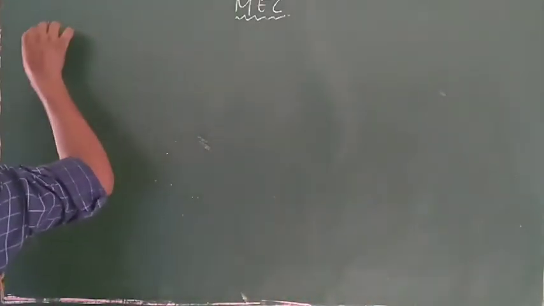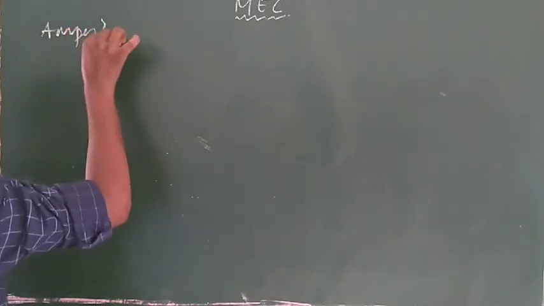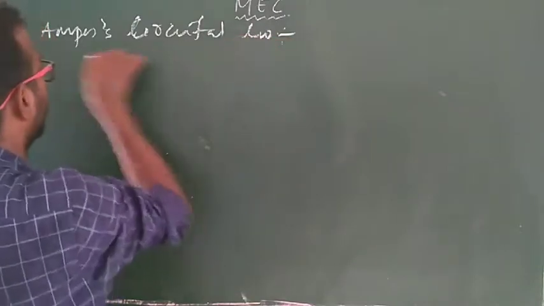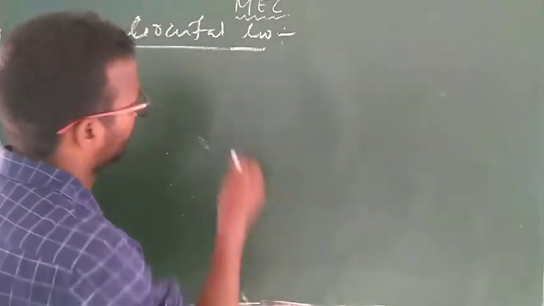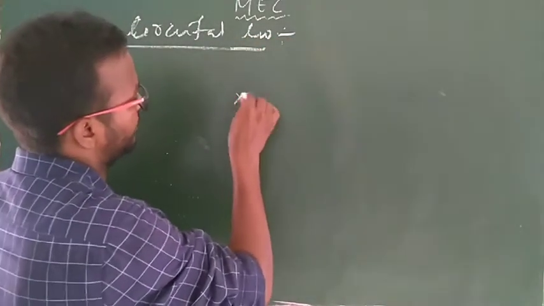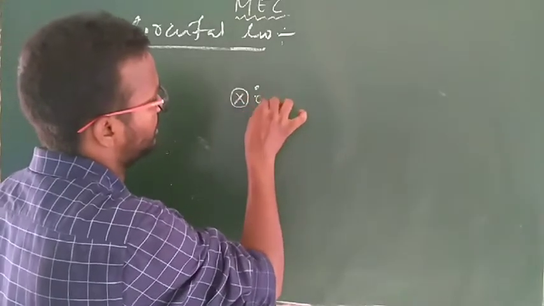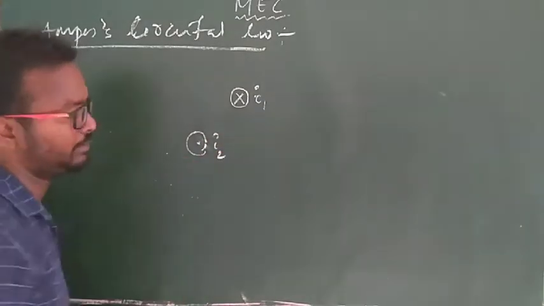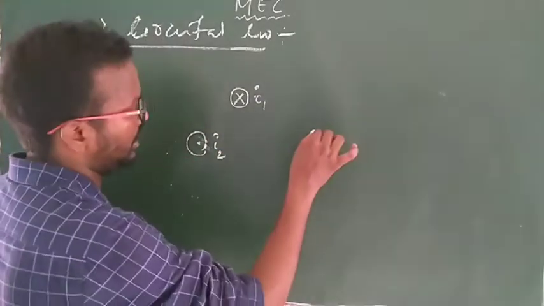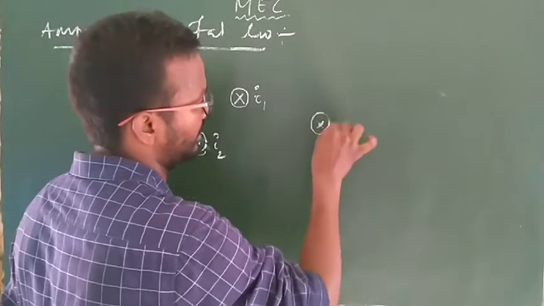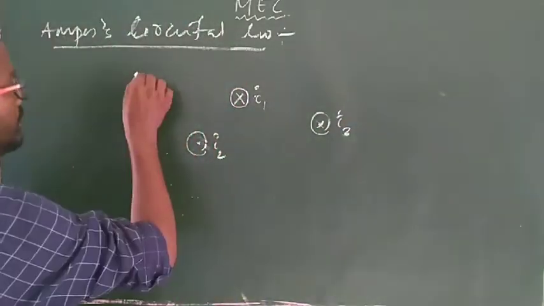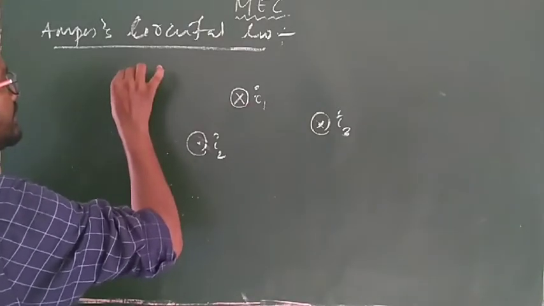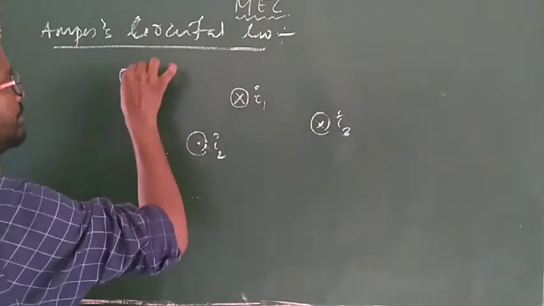Suppose there are a number of conductors. Suppose this is I1, and another conductor with current I2, another conductor I3, and another conductor I4.